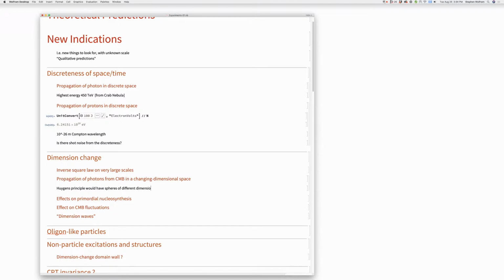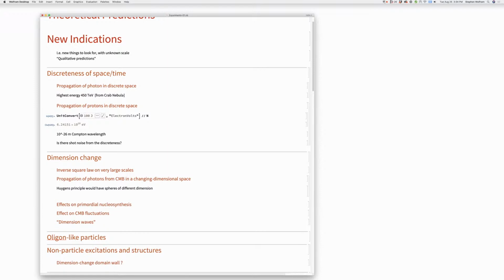And so, for example, inverse square law would turn into, let's see, it's 1 over the volume of the sphere, right? So instead of inverse square, it's 1 over the space dimension minus 1. That's just the decrease of flux.